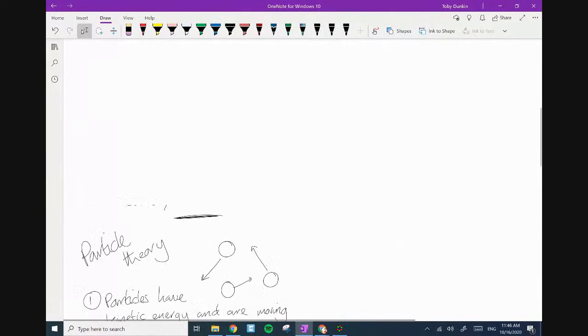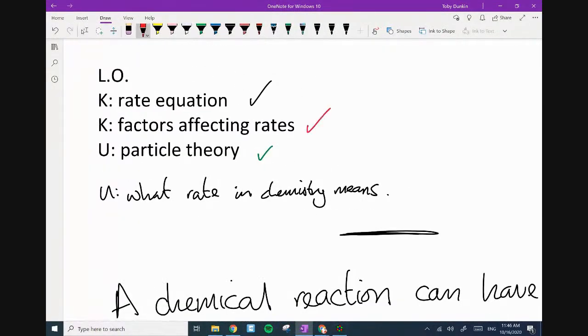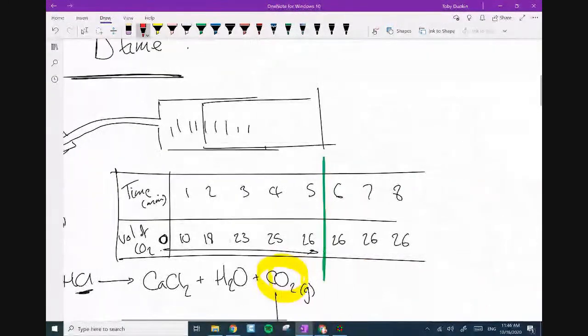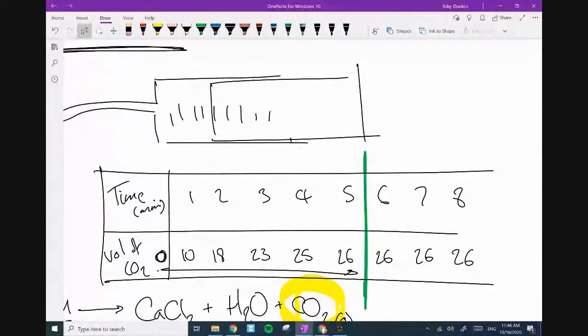I've actually come to the end of my lesson now, almost. Factors affecting rates. But I just want to apply something. Guys, look at our thought experiment. In the first minute, we made 10 centimeters cubed of gas. In the second minute, I made 8.